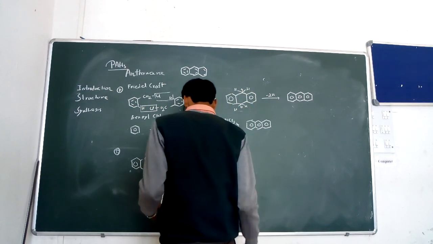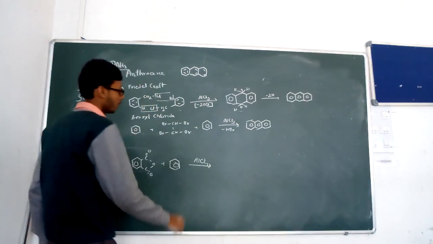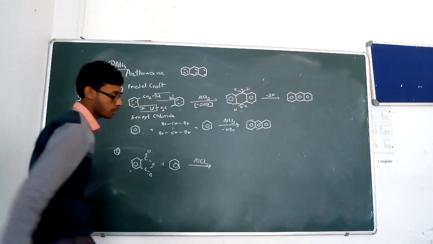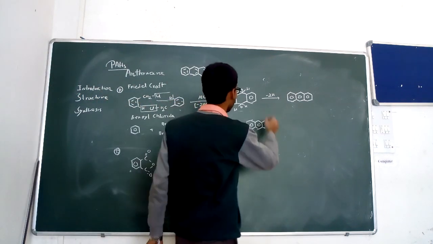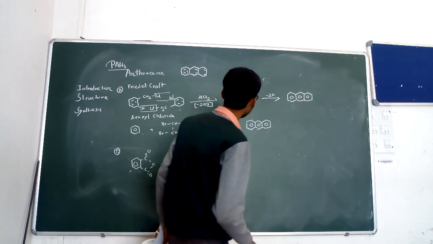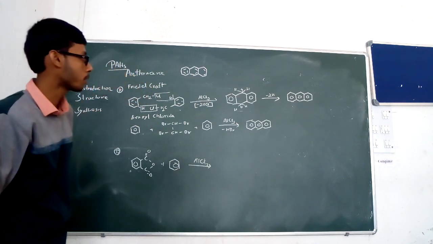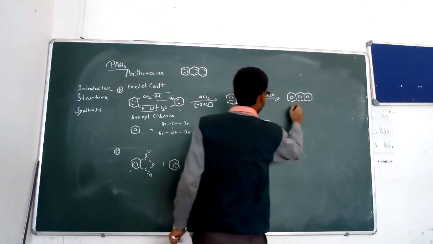So 9-10 dihydroanthracene, which is further unsaturated by the removal of 2 molecules of hydrogen to form anthracene.